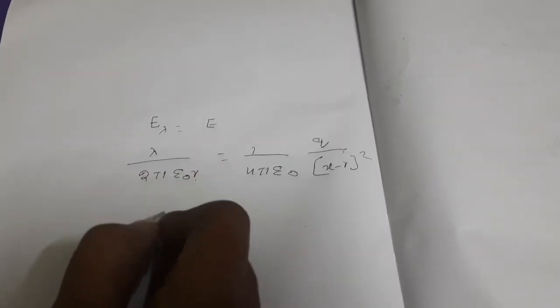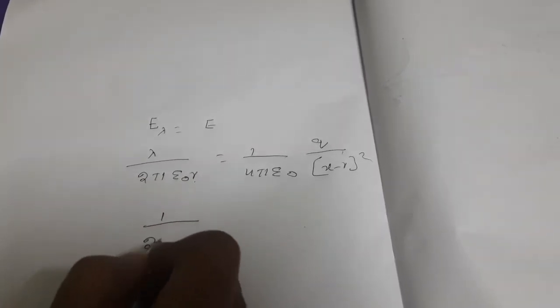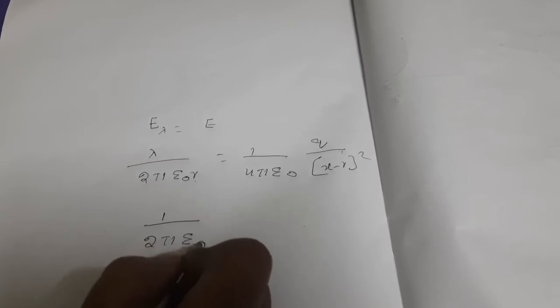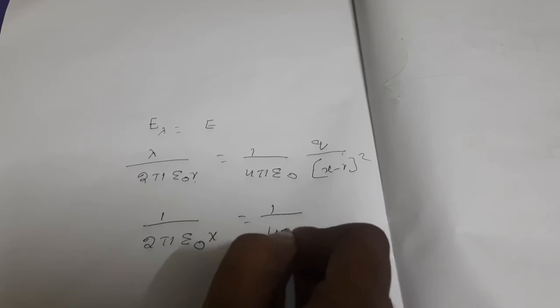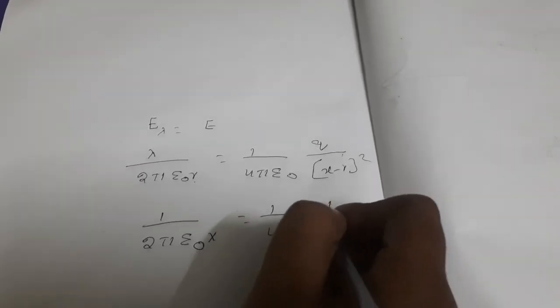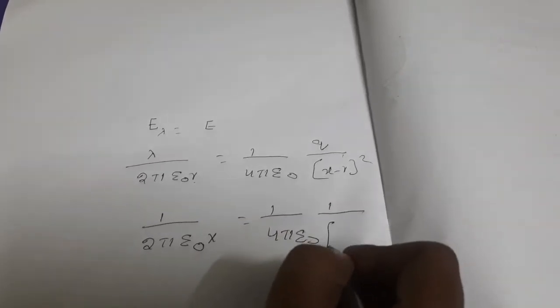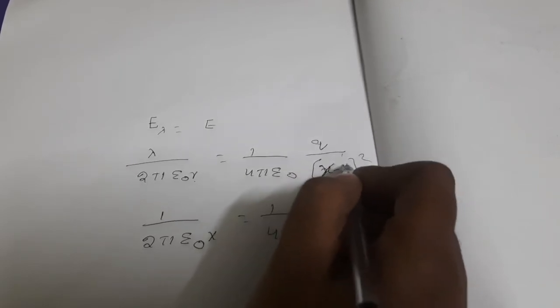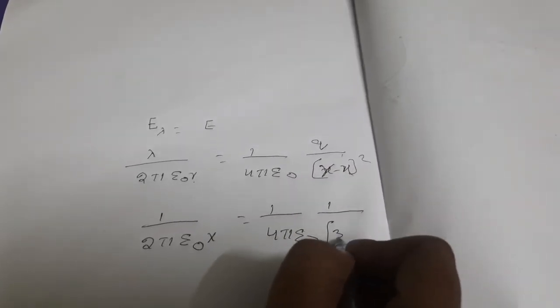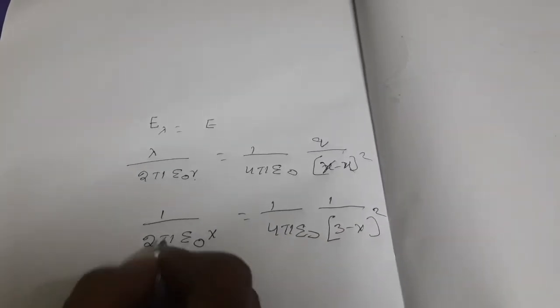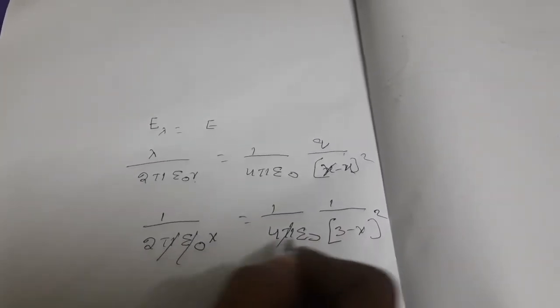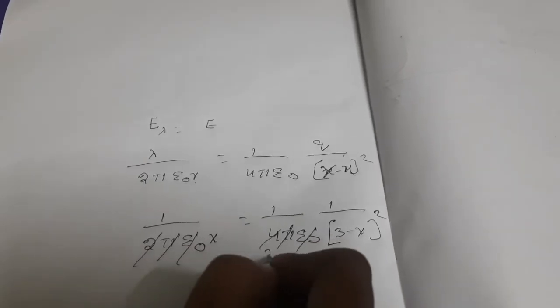One side we are taking x means another side you are taking 3 minus x. See, lambda is 1 by 2 pi epsilon naught into x. 1 by 4 pi epsilon naught, this value they have given 1. So total is 3 minus x whole square. So after doing simplification, pi cancels, epsilon naught cancels, 2 cancels.